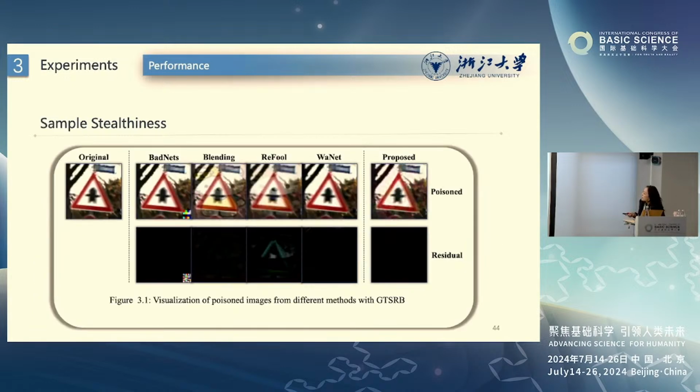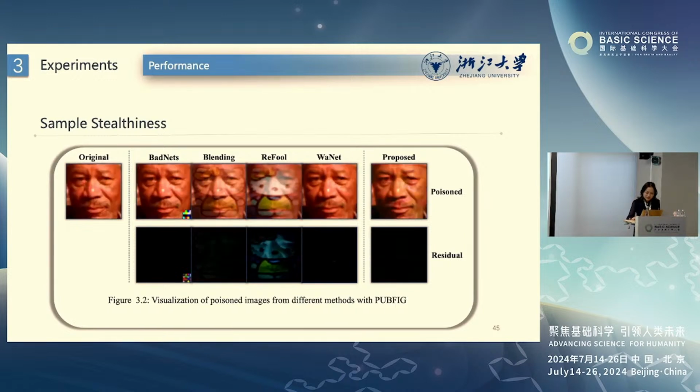Compared to other methods, the pointers is much better, but in residual, that more is a sample method.